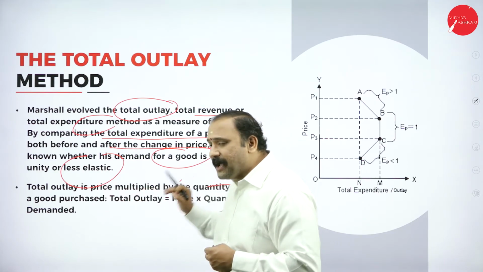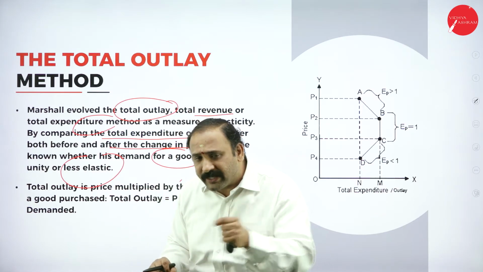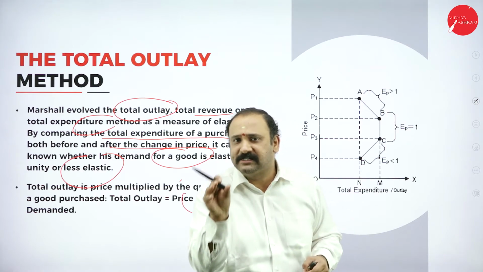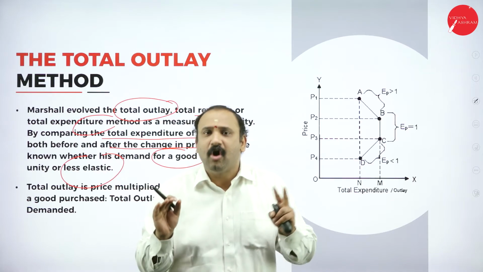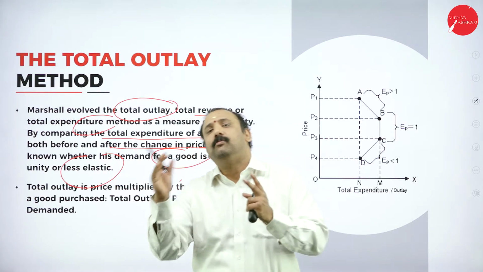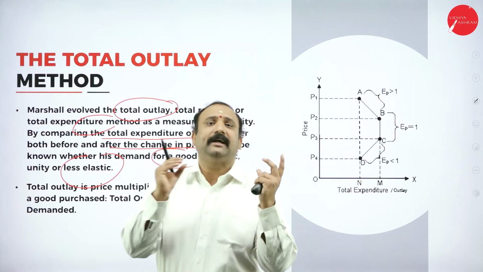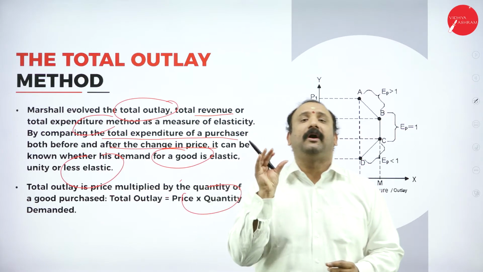But as discussed by Marshall, he says very clearly that now the consumer comes to the price elasticity, measuring whether it is perfectly elastic, less elastic or more elastic in nature. So what is the stretchability point in terms of expenditure? That's what we need to understand.